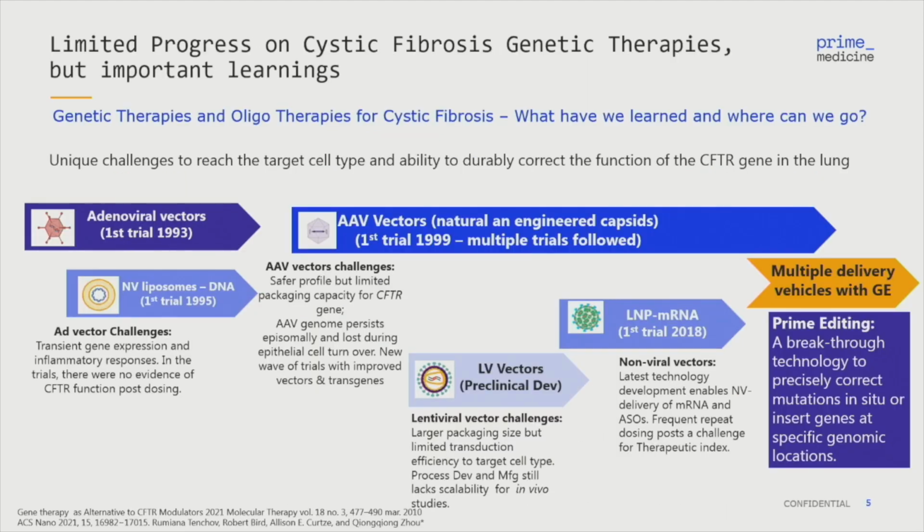So these are the challenges that we see, but we think a lot of progress has been made in how to overcome those. And this is a rather busy slide, but it gives you that potted history of how genetic therapies have been developed for cystic fibrosis, going back to the chastening times in the early 90s, where adenoviral vectors caused inflammation and didn't result in a notable expression of the delivered transgene, through to real progress with AAV systems.